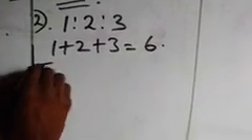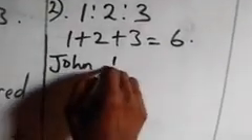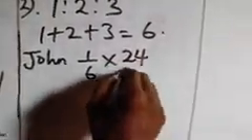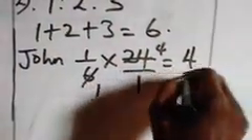That's the first thing you do. Now we pick the names one after the other. The first one is John. John's ratio here is 1 because John is the first person. So we have 1/6 times the total oranges they shared, which is 24 over 1. 6 here will give us 1, 6 here will give us 4. That means John had 4 oranges.